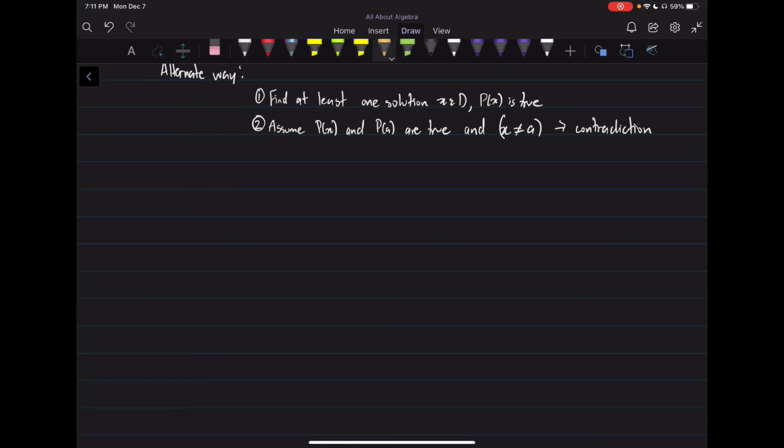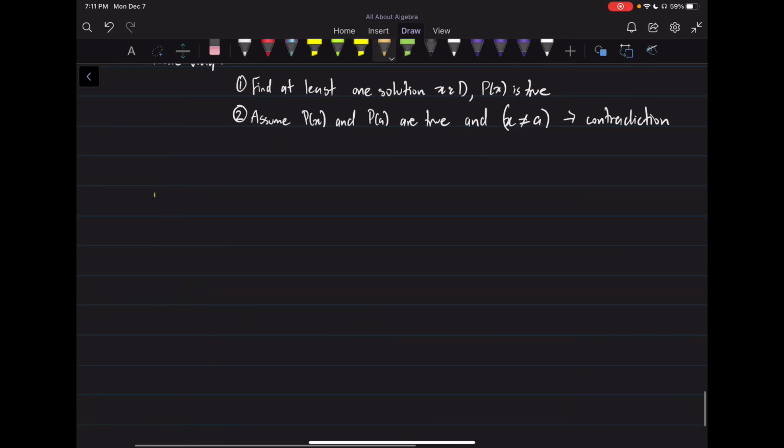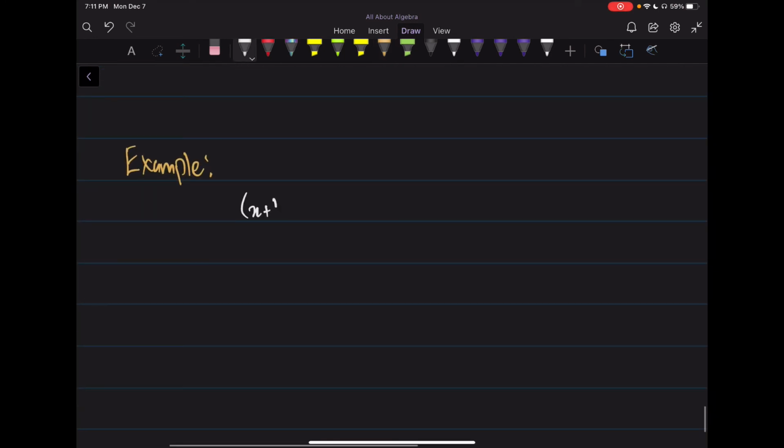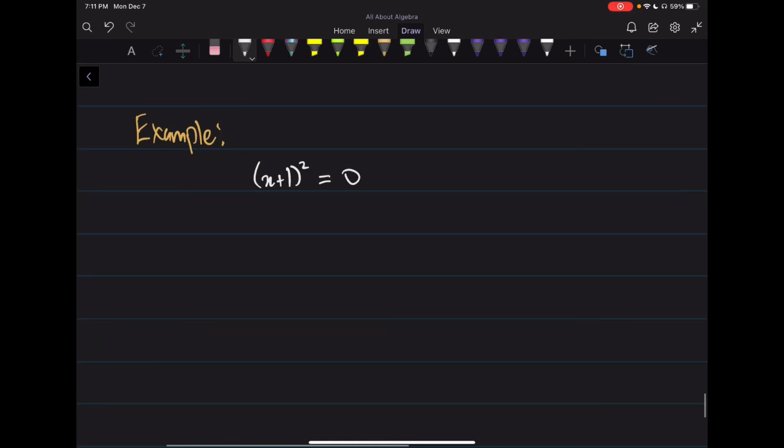So let's consider an example. If we have an example where we have x plus 1 squared is equal to 0, we need to show uniqueness. Well, our solution we found is x is equal to negative 1, right?